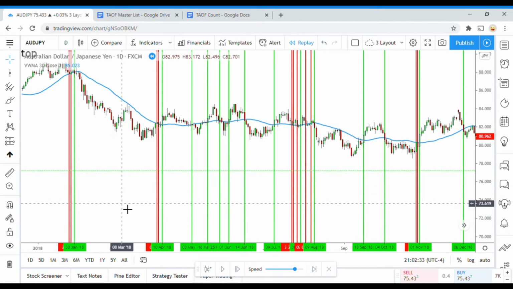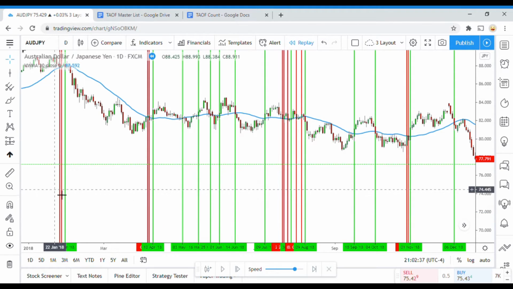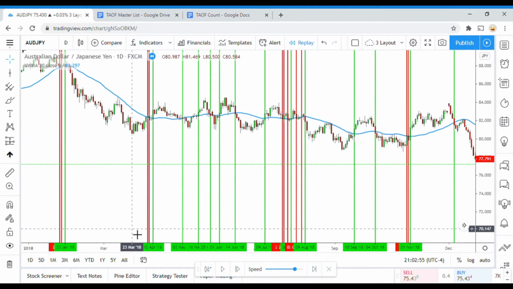The volume weighted moving average. Let's see here. So we have 1, 2, 3, 4, 5, 6, 7, 8, 9, 10, 11, 12, 13, 14, 15, 16, 17, 18, 19, 20, 21, 22, 23, 24, 25.